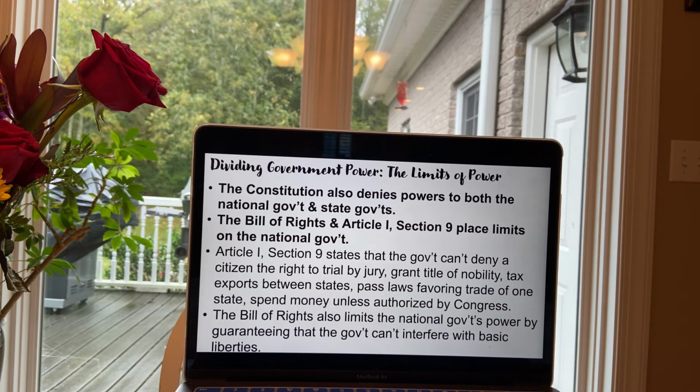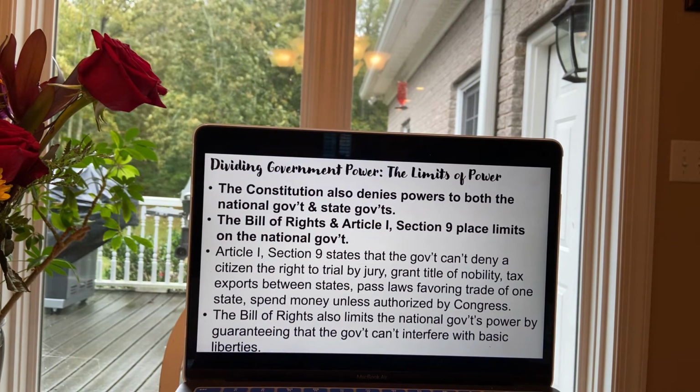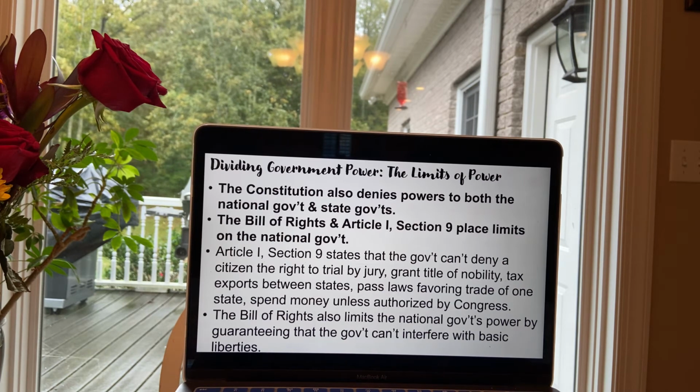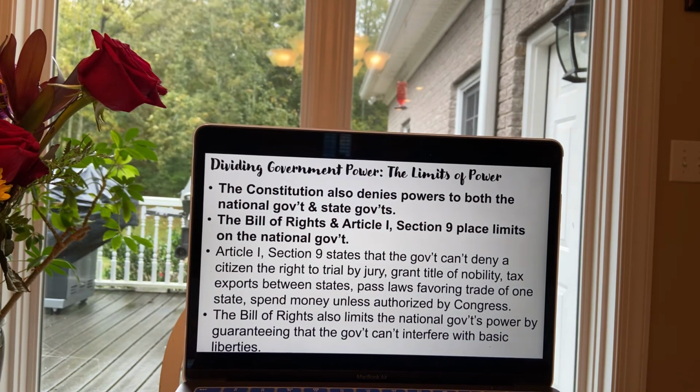They cannot grant a title of nobility. They cannot tax exports between states. They cannot pass laws that favor trade of one state over another. They cannot spend money unless it has been authorized by Congress. The Bill of Rights also limits the national government's power because it guarantees that the government cannot interfere with the citizens' basic liberties.